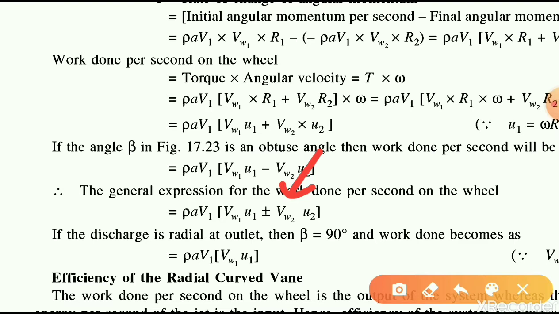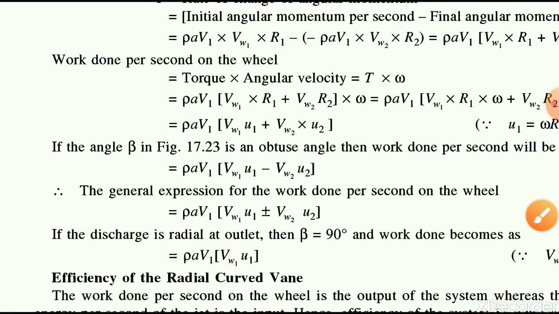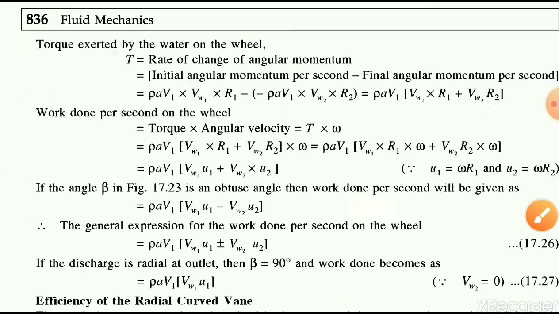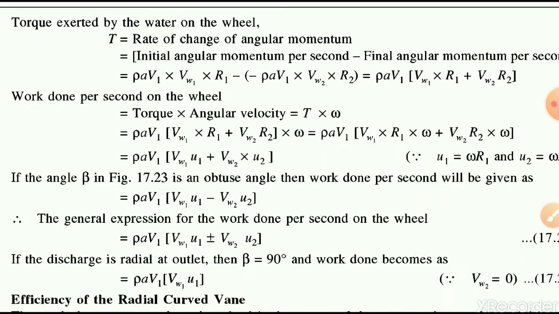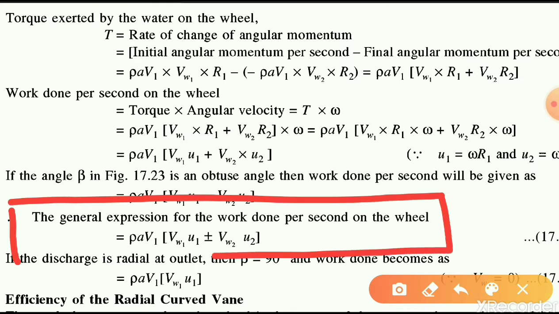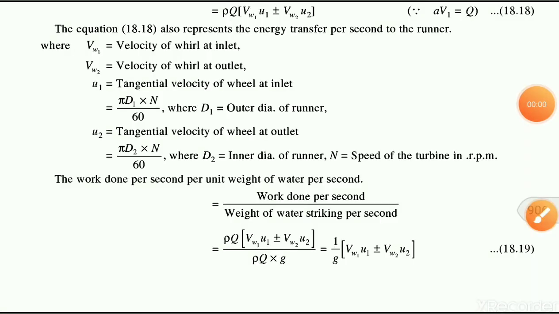Hence the above equation for the work done is simplified as rho a v1 multiplied by Vw1 u1. So this is the expression for the work done per second on the wheel, and this is the expression in the generalized form for a series of radially curved vanes.